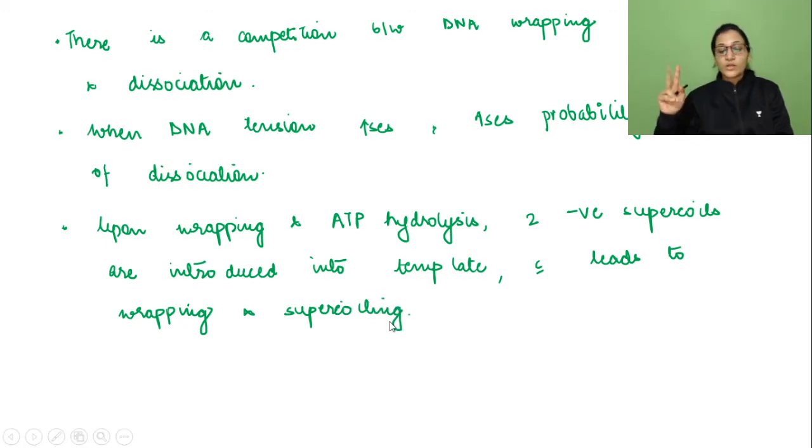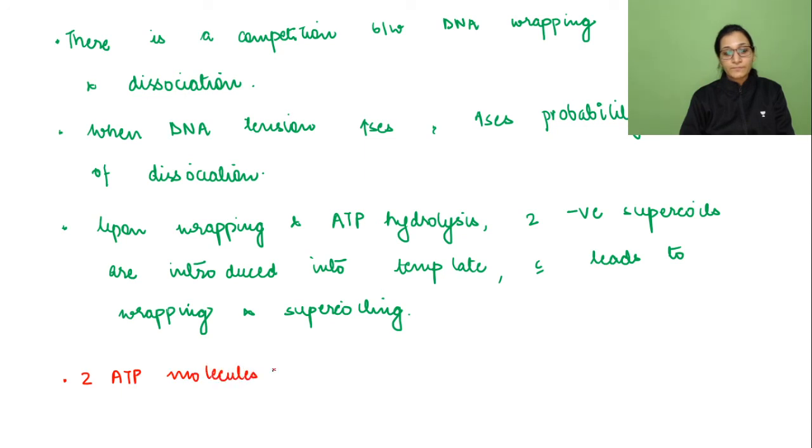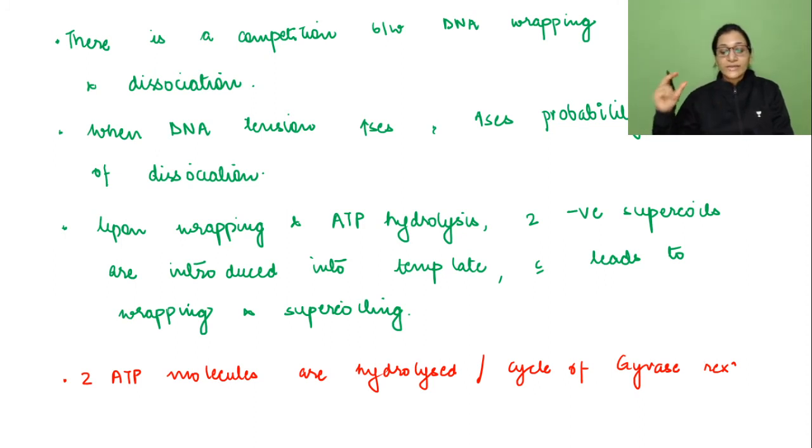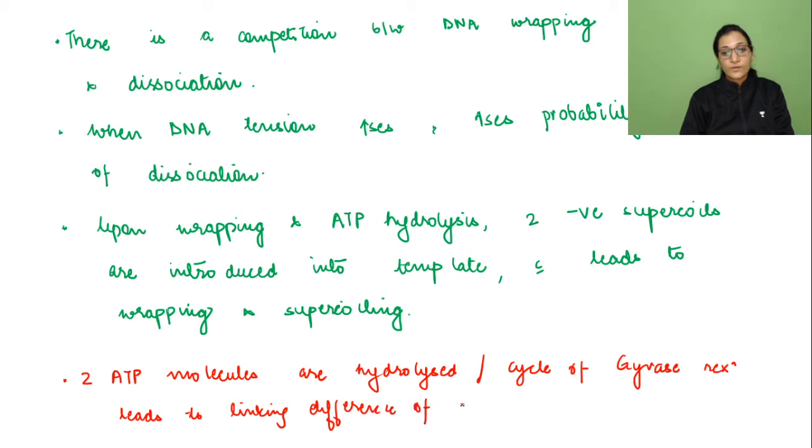In this whole process, two ATP molecules are hydrolyzed per cycle of the gyrase reaction, leading to the introduction of a linking difference of -2. Very important point to remember.